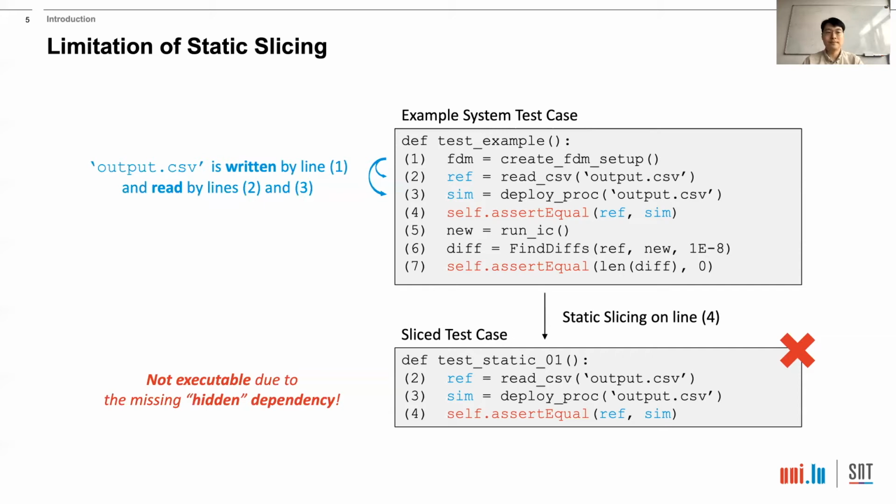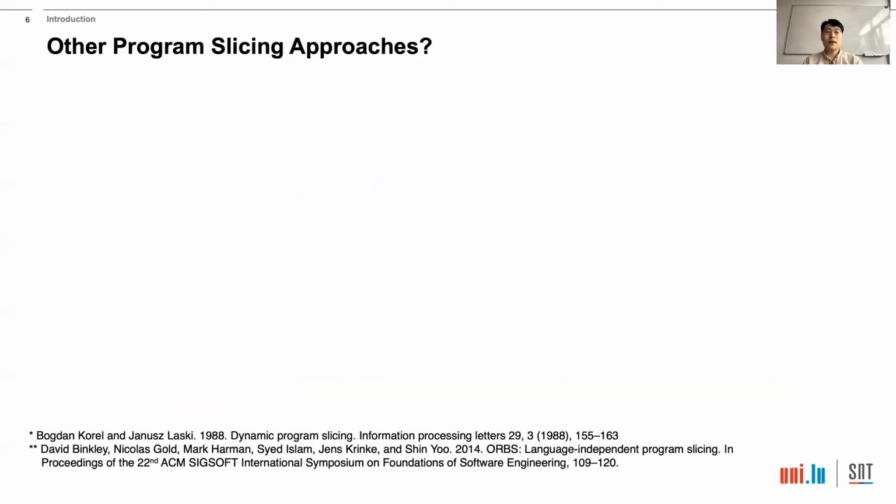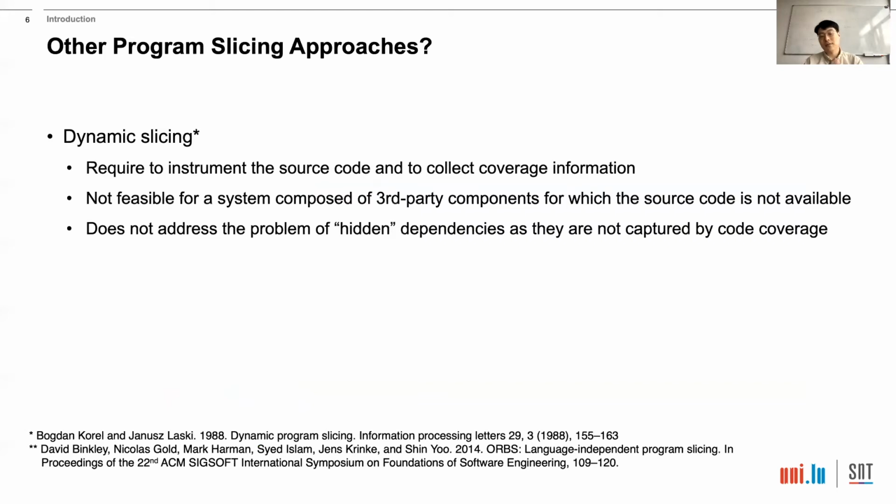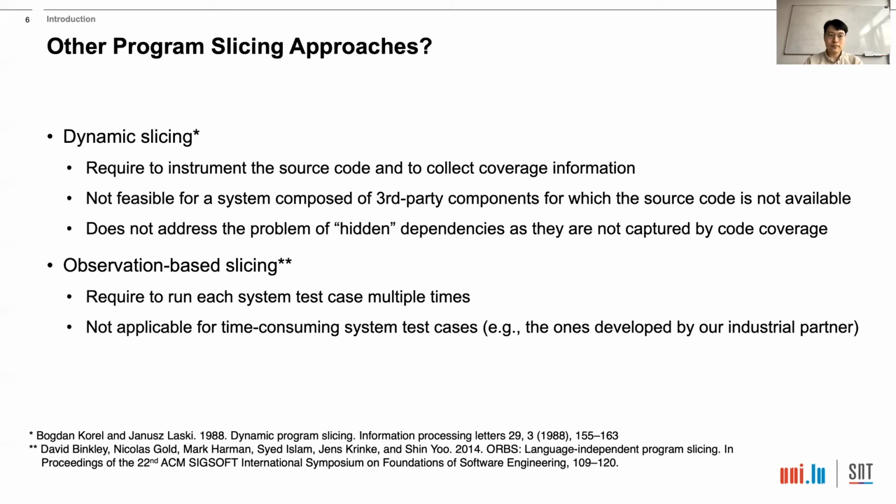How about applying other program slicing approaches like dynamic slicing, for example? Well, it requires instrumenting the source code, so it is not applicable to a system whose source code is not available. And more importantly, it does not address the problem of hidden dependencies because they are not captured by the code coverage.